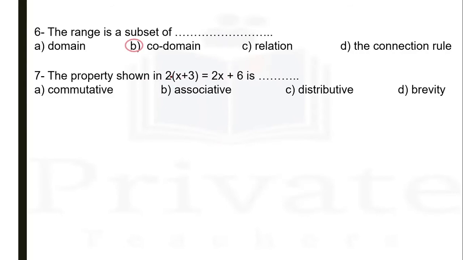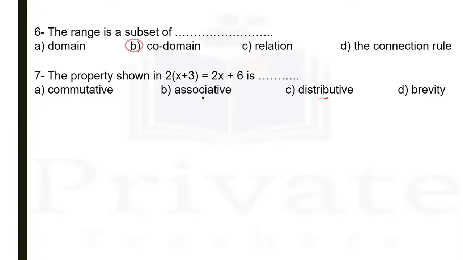Whenever we find a multiplication sign outside the bracket and an addition sign inside the bracket, it will be the distributive property. If we find here, for example, 2 plus, then a bracket x plus 3, so between the 2 and the bracket we have plus or minus, it will be the associative property.